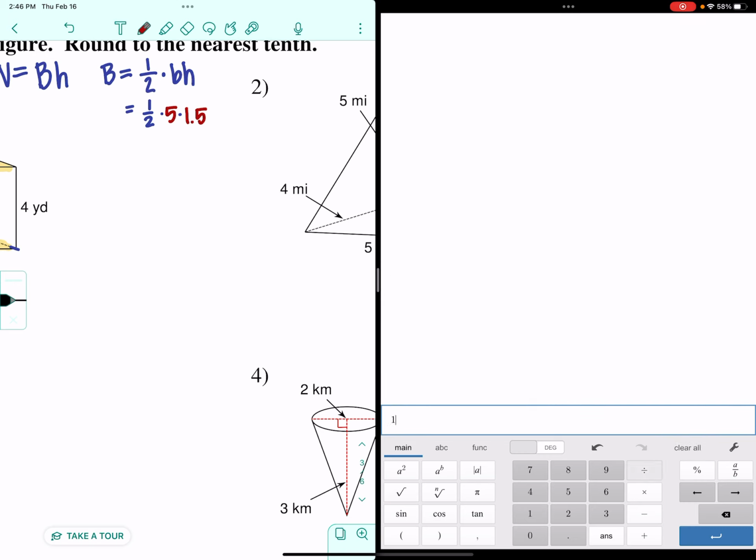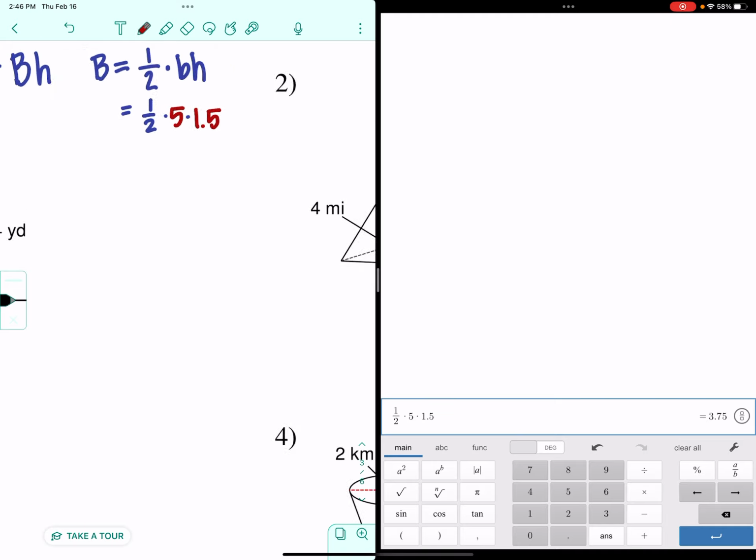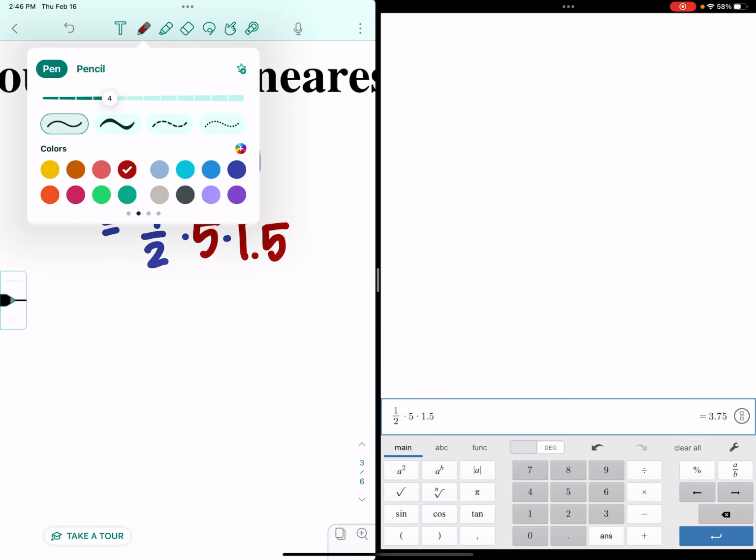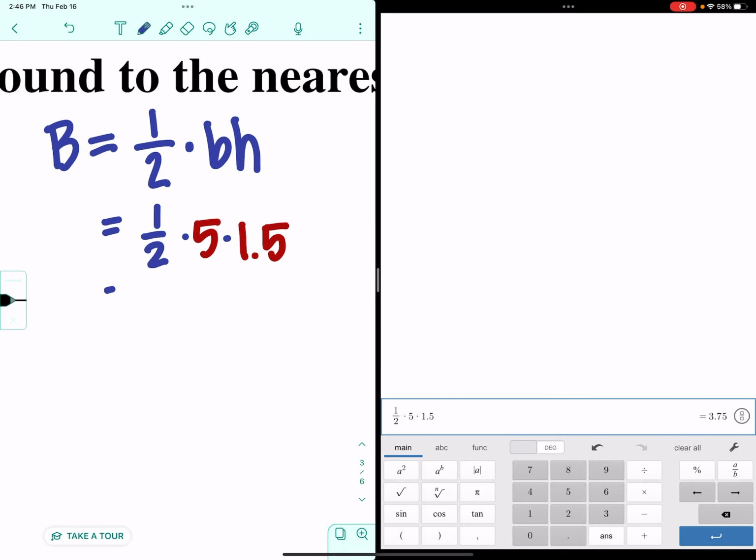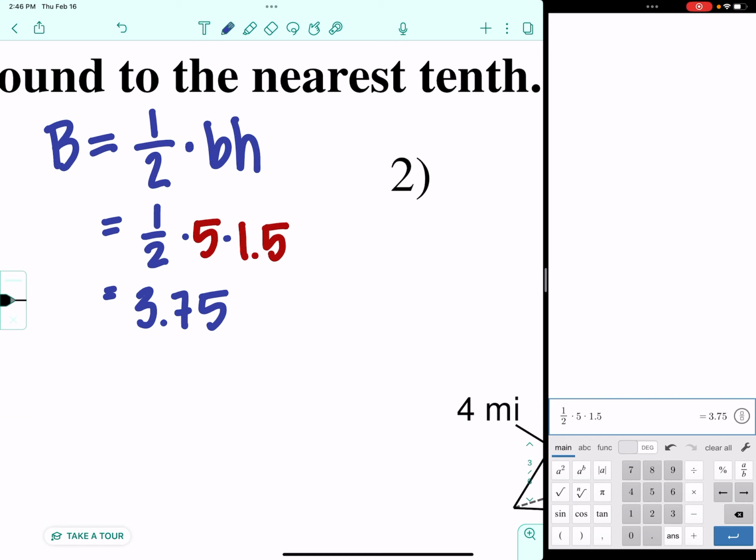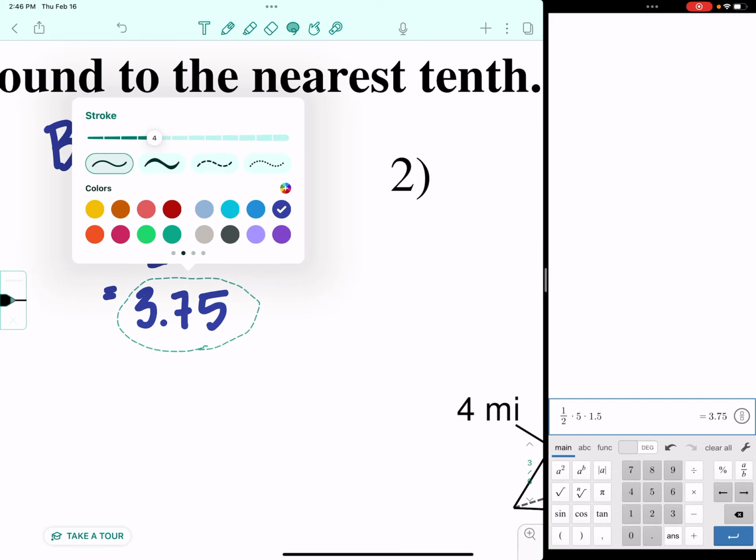So 1/2 times 5 times 1.5 gives me 3.75 for the area of my base. I'm going to change that to red so it stands out, and you can see where I'm going to put it.